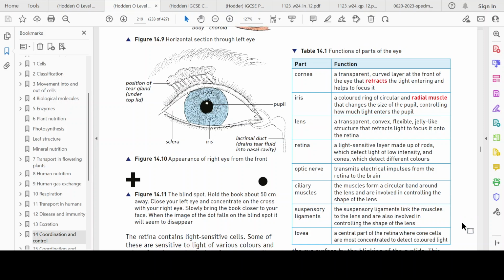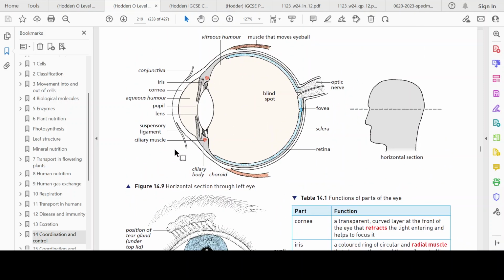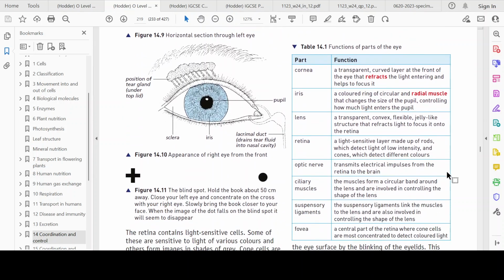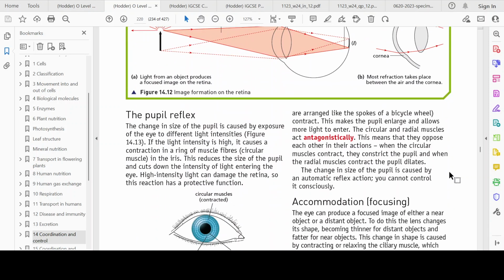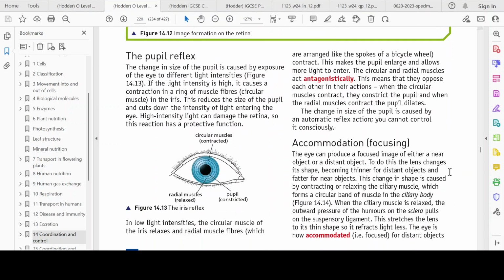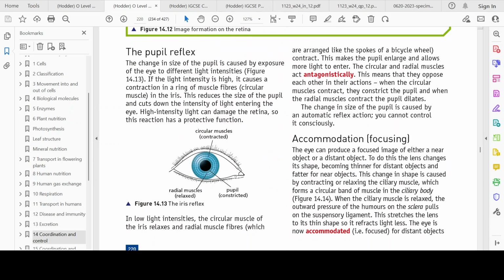So again, looking over here, you've got the ciliary muscle and the suspensory ligaments. Now, how do they function? What do they do? The pupil reflex and then accommodation. The pupil reflex is the change in the size of the pupil depending on the light intensity.